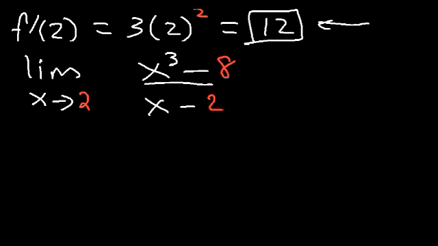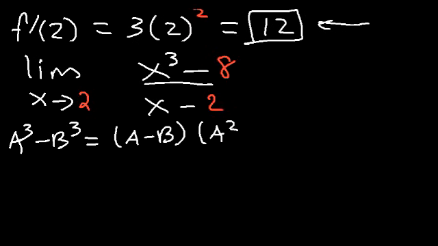So this is the difference of cubes equation, which, as we mentioned before, is a cubed minus b cubed, which equals a minus b times a squared plus ab, don't forget to change the sign, plus b squared. In this case, a is the same as x and b is 2, because a cubed is x cubed, b cubed is 8, and the cube root of 8 is 2.